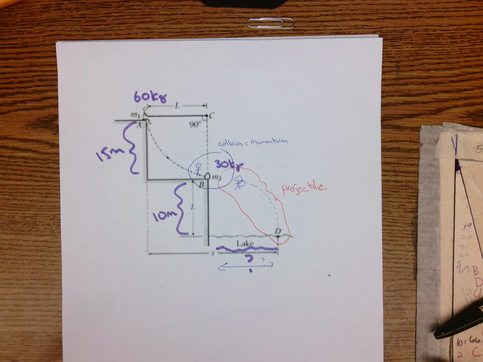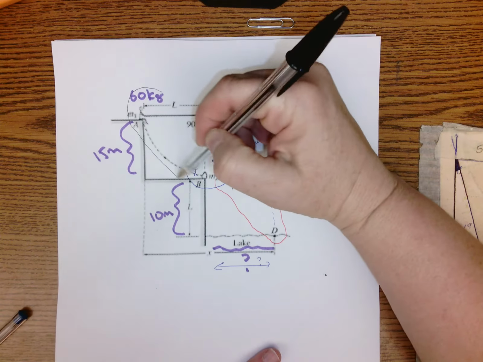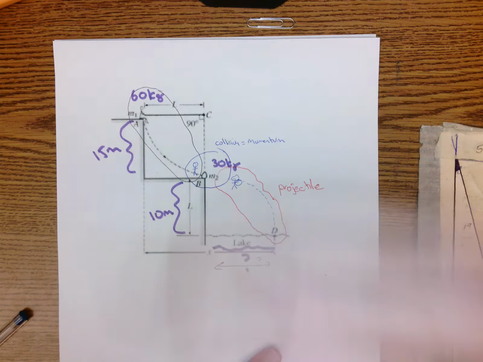Because right here, they were separate, and now they're together. Well, I know anytime there's a collision, it has to be a momentum problem. That leaves this last section up here, where he's swinging down and about to collide. This is an energy section.